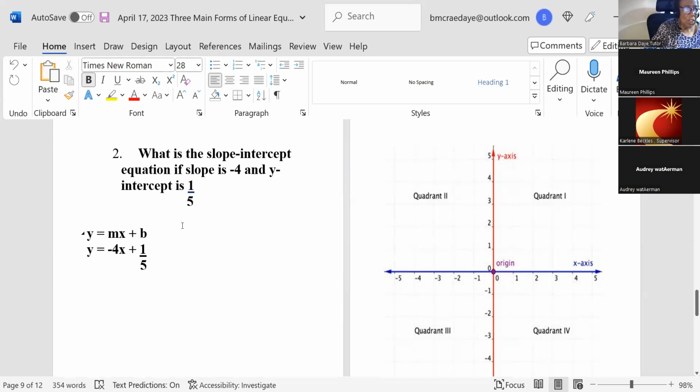And what does the b represent, Audrey? The b is the y-intercept. That's where we cross the y. m is the slope. That's the coefficient of the x. And b is the y-intercept. Okay, so I want you to know that.